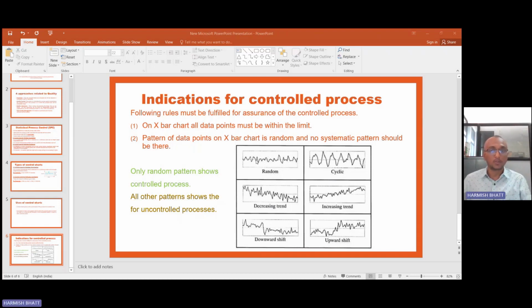All the data points should be within the upper limit and the lower limit. But the other 5 natures of the graph, that is the cyclic, decreasing trend, increasing trend, downward shift, and upward shift, are showing us the process is uncontrolled, so that the necessary corrective step is to be taken.